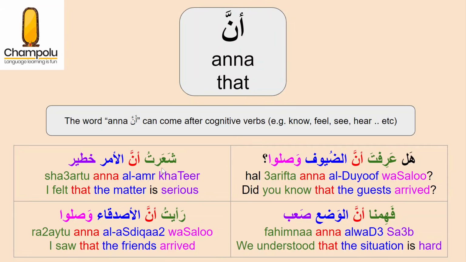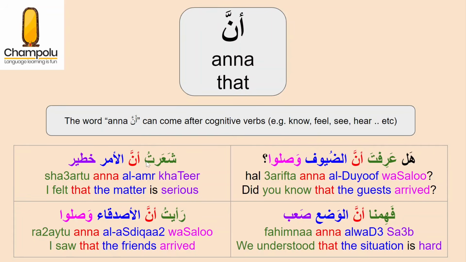شعرت أن الأمر خطير. I felt that the matter is serious. So again, here شعرت is the cognitive verb we're talking about, and it's the conjugation of the verb شعر or يشعر, but in the first person, so I felt.